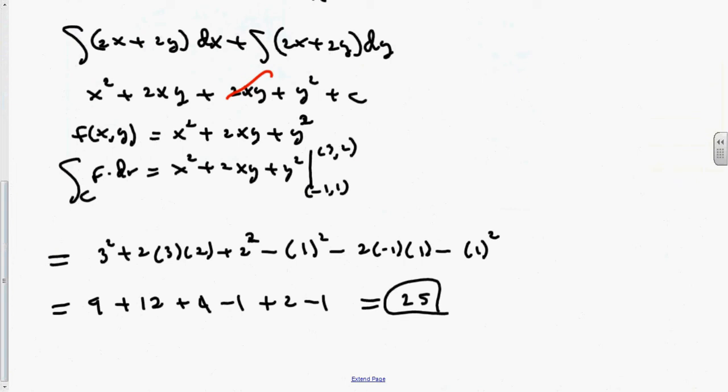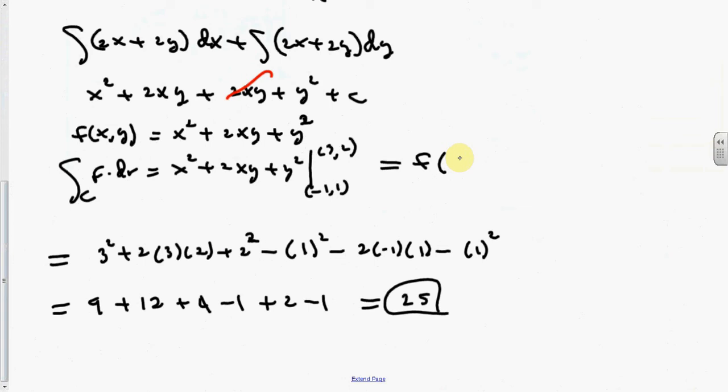Yes, sir. You know how you evaluate an integral?